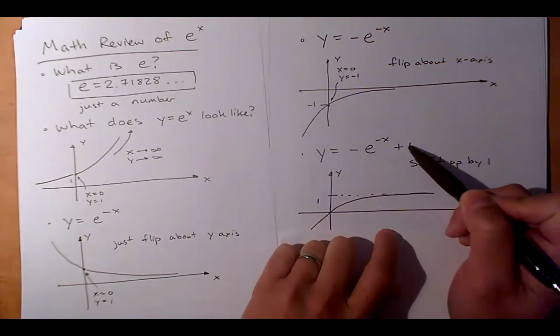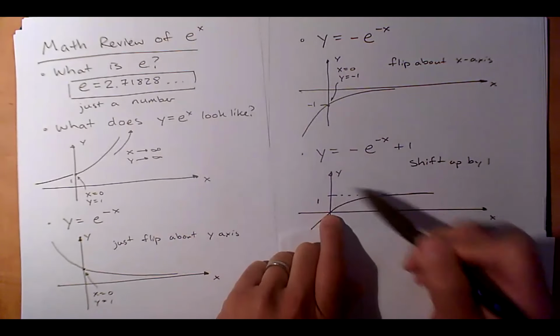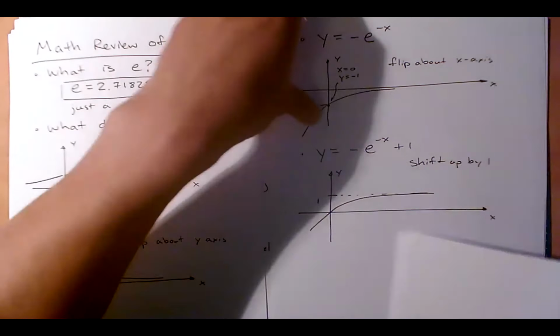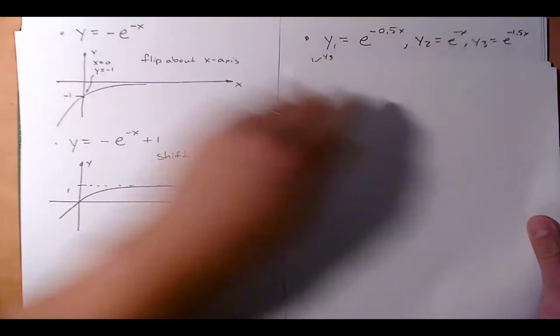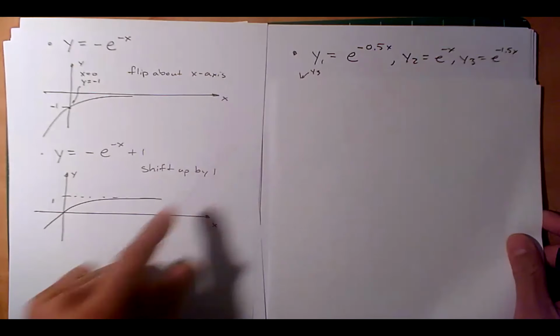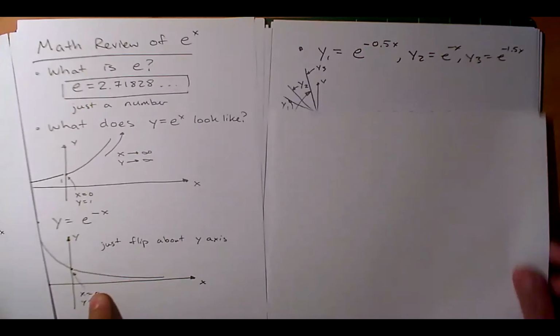So putting a number here, here, and here can change the scaling and the squish factor of this, if that makes sense, okay? Here's an example of different squish factors. So y equals e to the minus x should look like this one here, right?